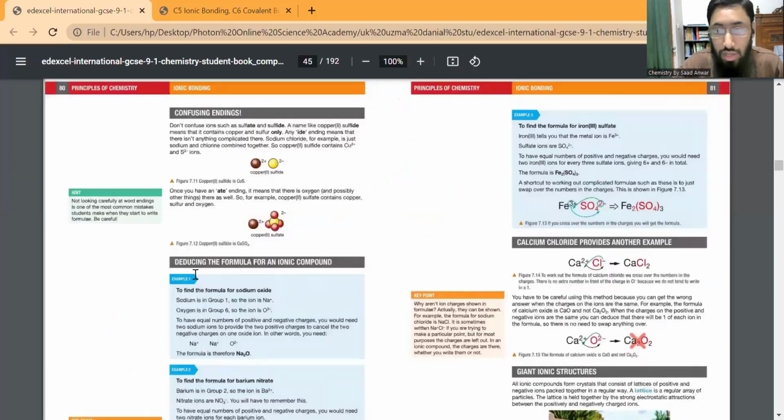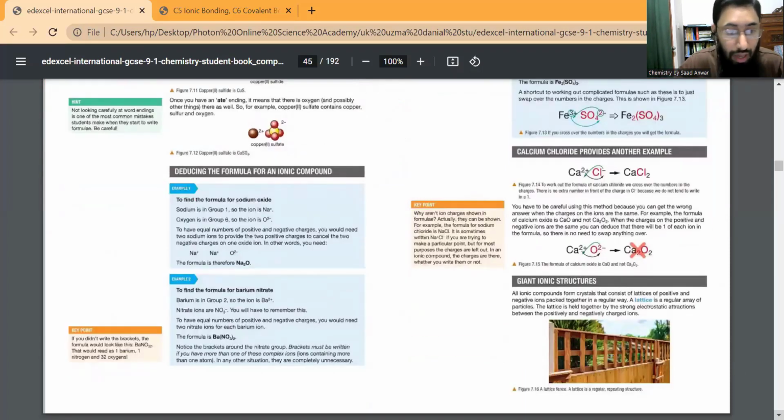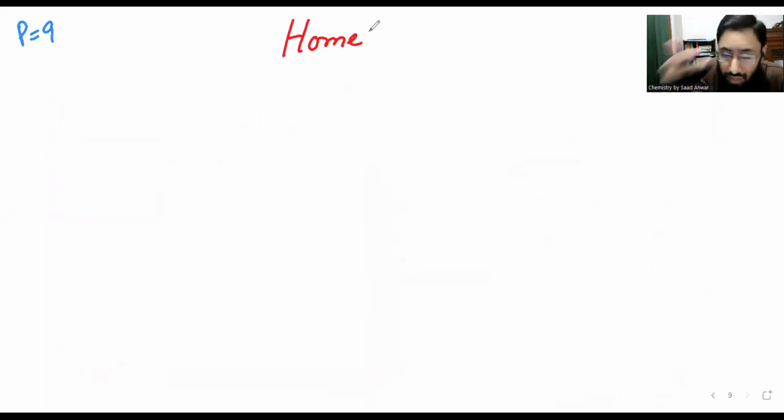So again, textbook, barium nitrate. If I have to write barium nitrate, in the textbook they are giving barium nitrate. This is just for homework, and when you feel comfortable, then you can solve this homework, because you have to visit the doctor as well.